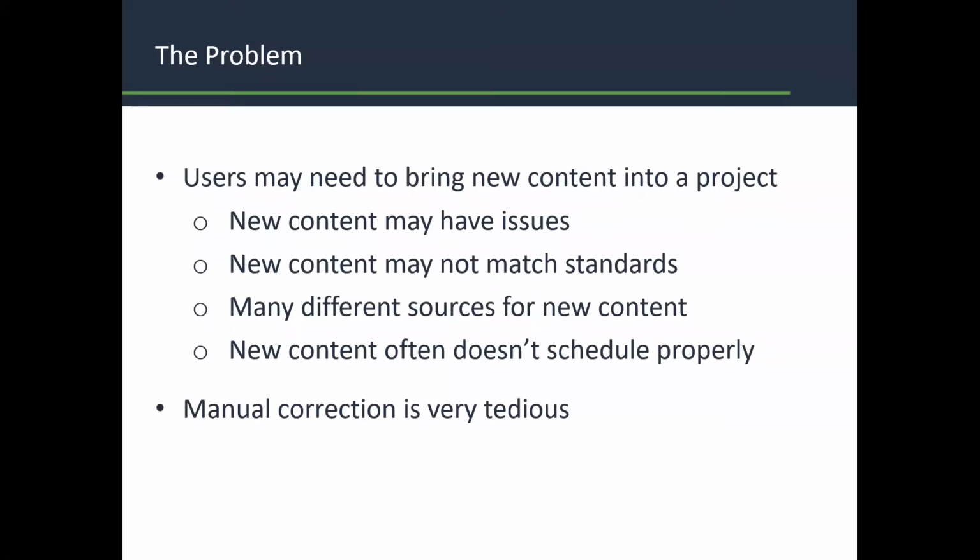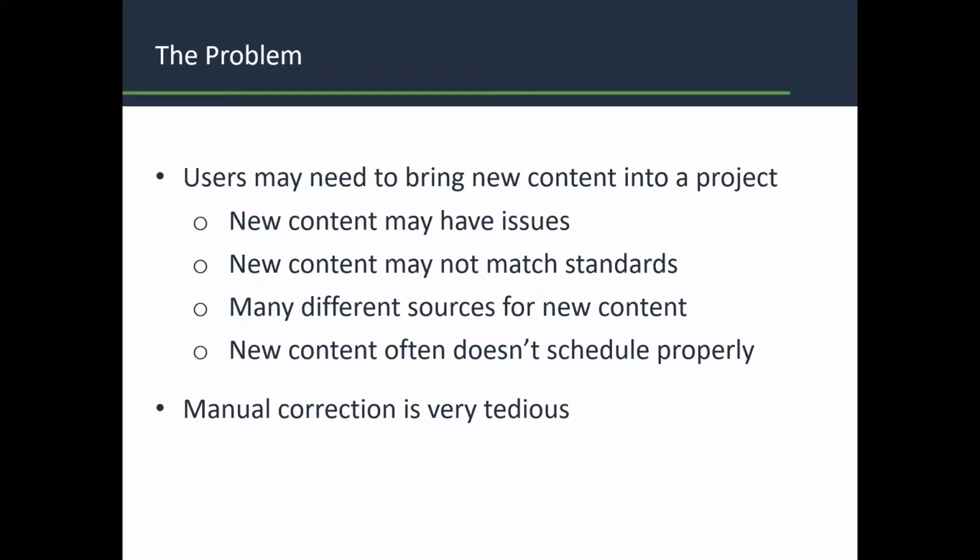Oftentimes users will need to bring in new content, content maybe that isn't out of the box Revit, or maybe it's from a manufacturer, or maybe it's a one-off thing that nobody has, and you've got to pull it off of something like Revit City. A lot of this content may have some issues as far as the way it was built.